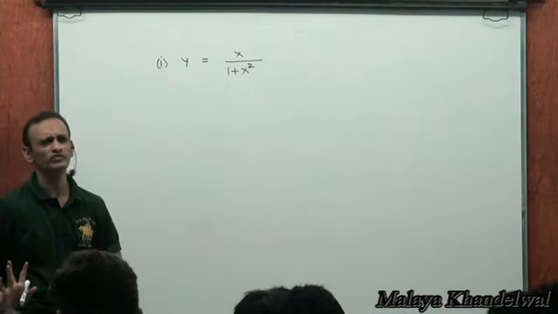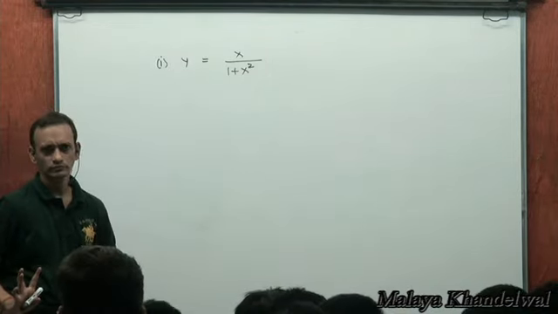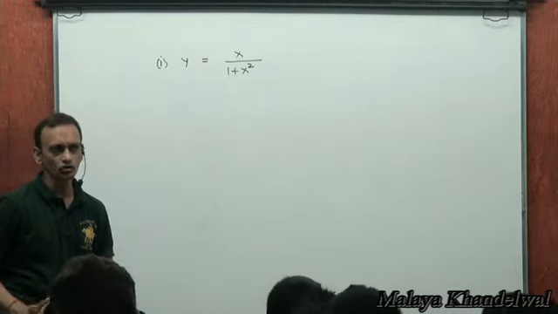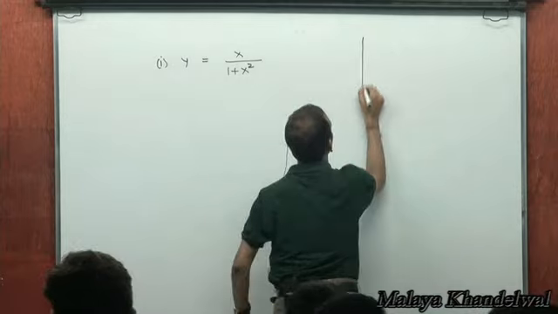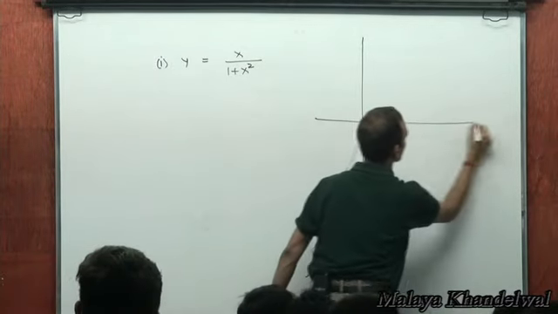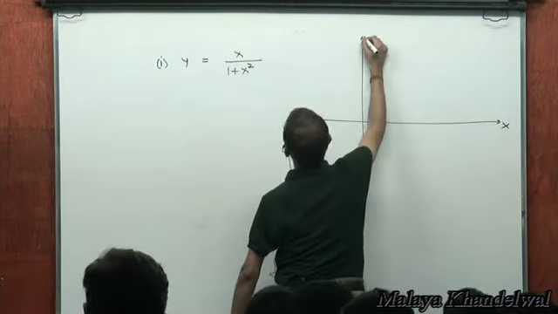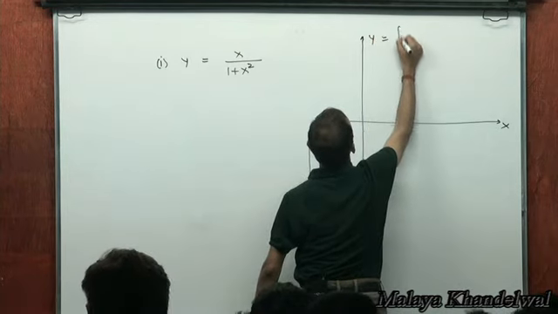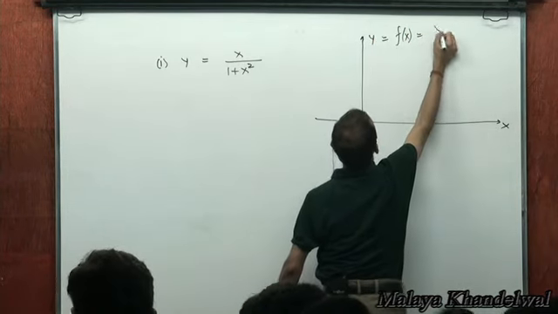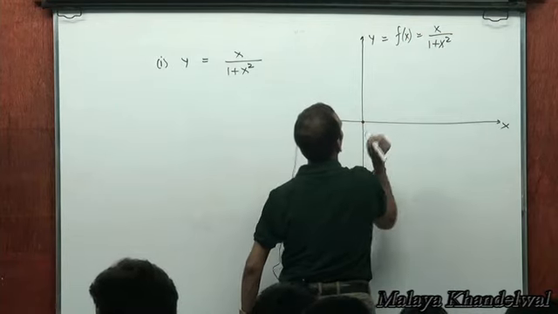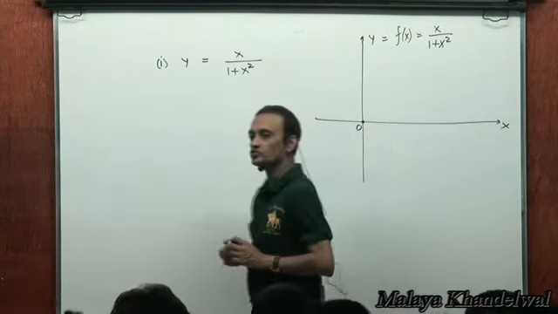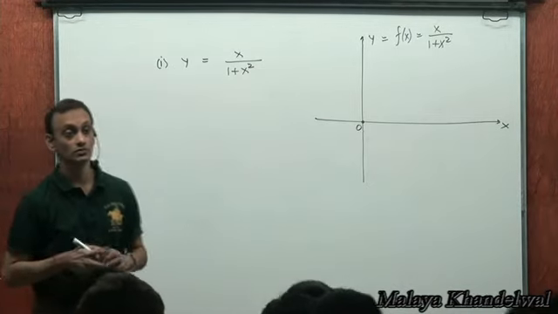It has only one root, which is x equal to 0. Right? (0, 0) is a point on the graph of the function.